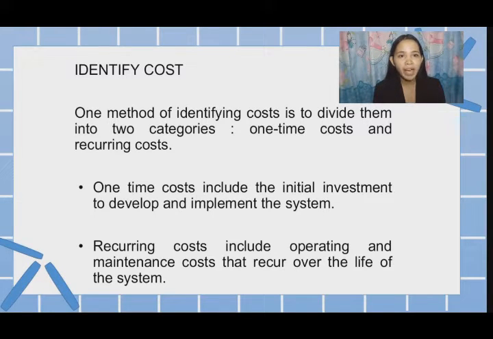One method of identifying cost is to divide them into two categories: one-time cost and recurring cost. One-time costs include the initial investment to develop and implement the system. Recurring costs include operating and maintenance costs that recur over the life of the system.